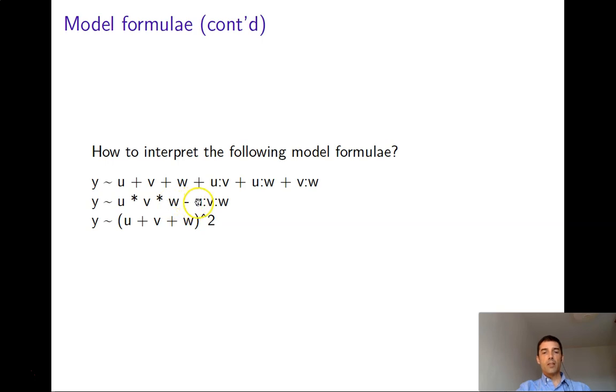But doing minus u colon v colon w takes away the three-way interaction, so it's actually the same as above. And in this final formula, we have u, v, and w, and the caret 2 says to add all of their two-way interactions. So it is again another way of saying the same as the previous two. In fact, all three of these are the same.